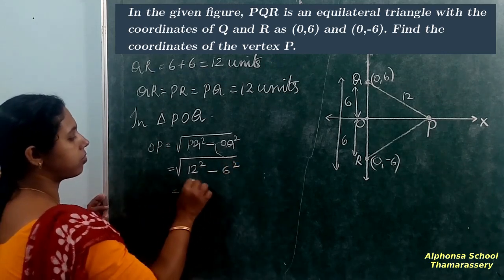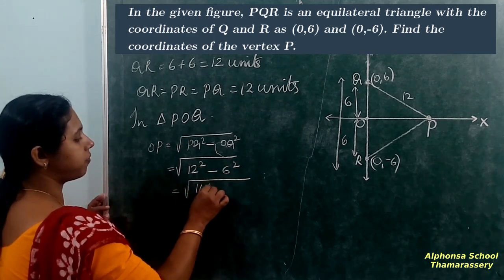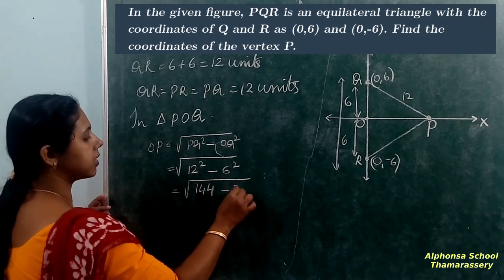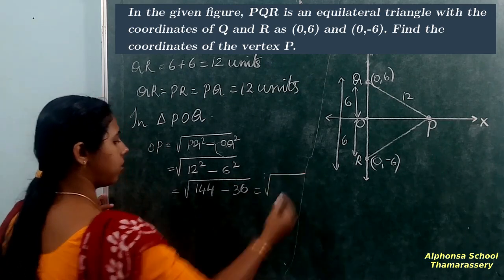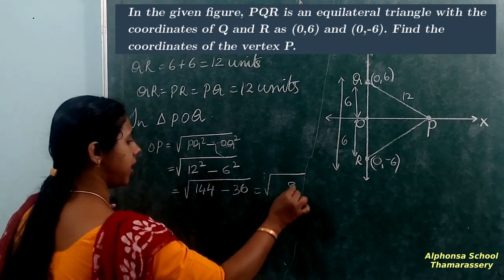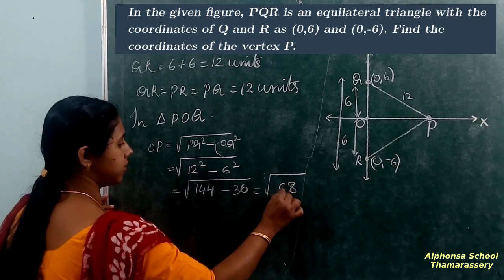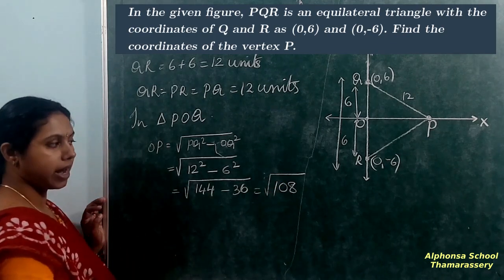That is equal to the square root of 144 minus 36, that is equal to the square root of 108.